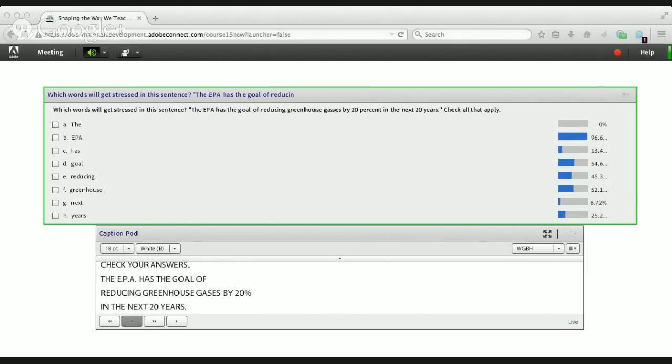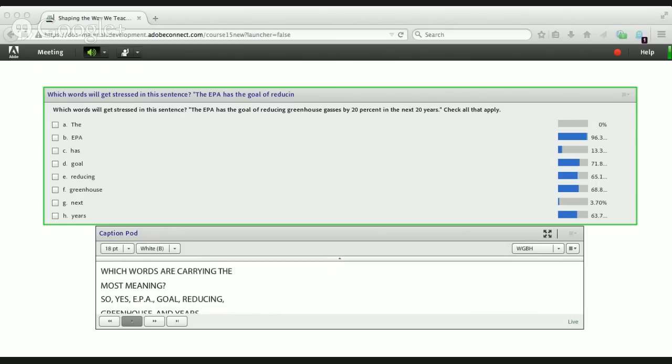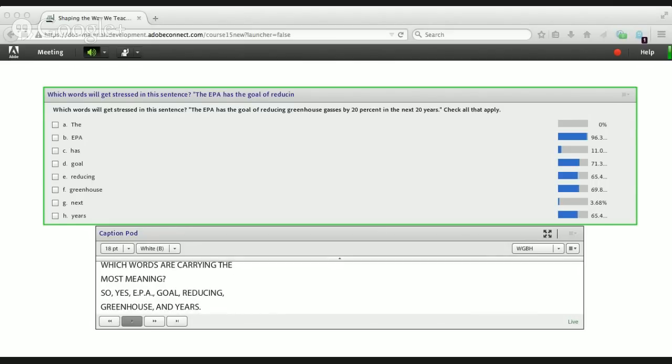Okay, so which ones are the content words? Which words are carrying the most meaning? So yes, EPA, goal, reducing, greenhouse, gases, years. The other ones, the, has, next, those are function words. They're not giving us that much information, okay?